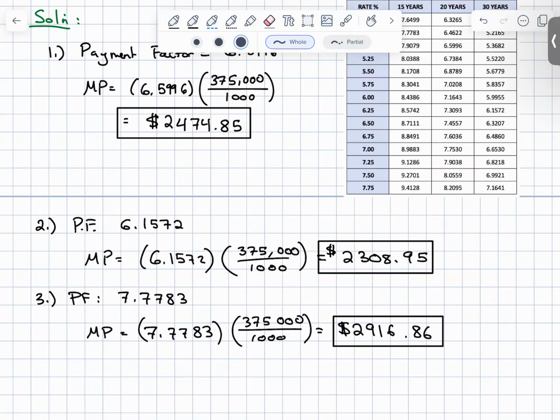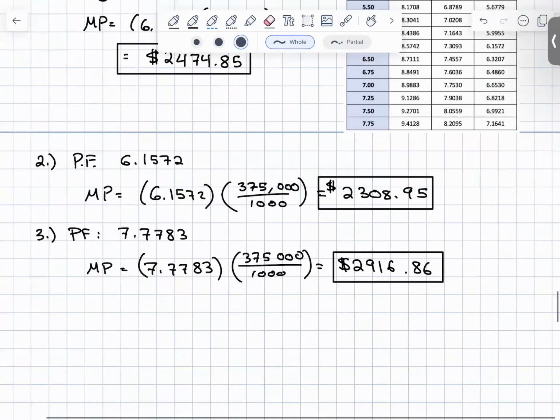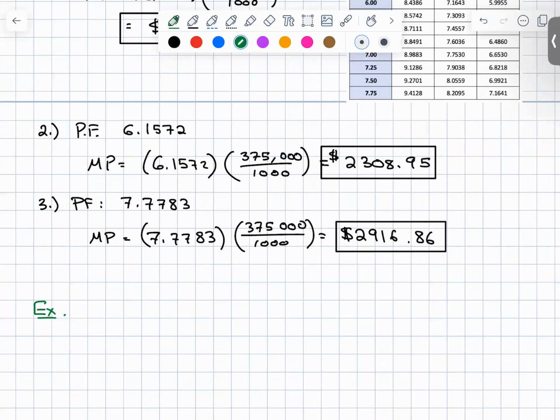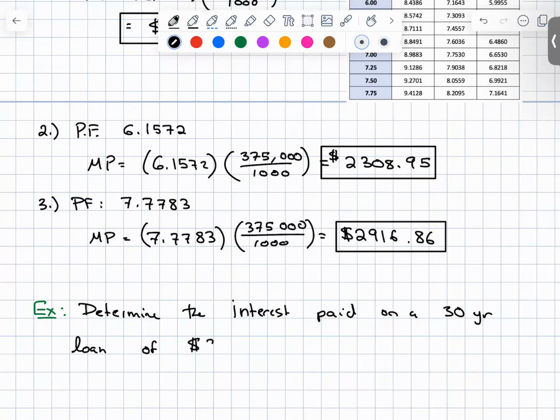So now I want to show you the terrible thing about mortgages. Determine the interest paid on a 30-year loan of $385,000 at an APR of 4.5%.